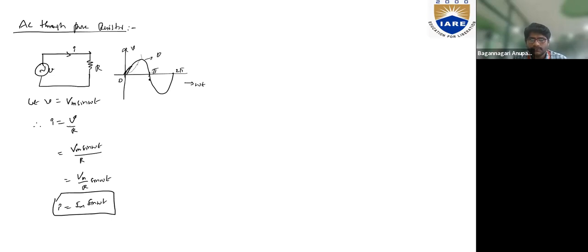The current will also follow the same waveform, starting at the same point and ending at the same point, with a certain magnitude. This will be the magnitude of I max, and this is the magnitude of V max.